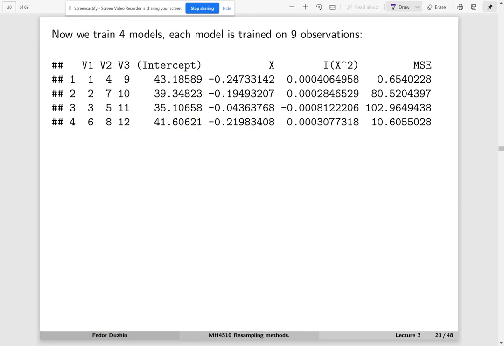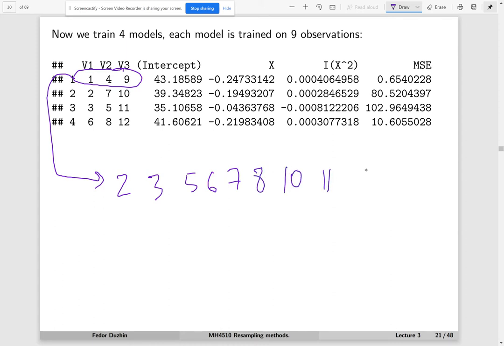So now we're going to train 4 models. Since we have 4 folds, we're going to train 4 models. The first of these models is applied on the set with observations 1, 4, and 9 being removed, right? So in order to train this model, we use observations 2, 3, not 4, 4 is removed, so 5, 6, 7, 8, 9 is removed, so 10, 11, and 12.